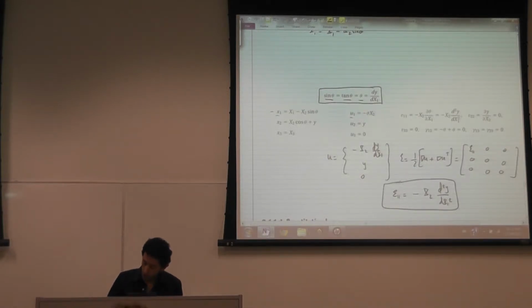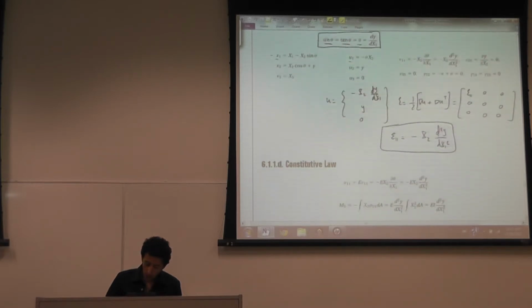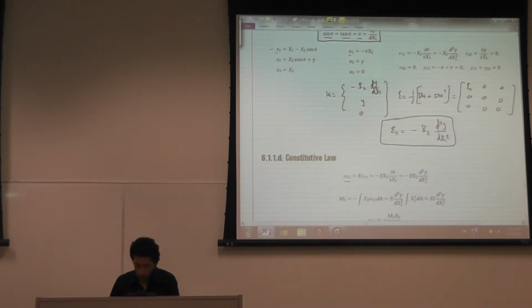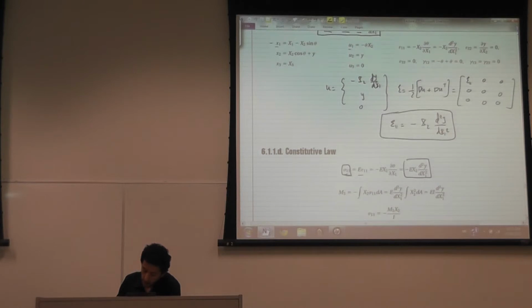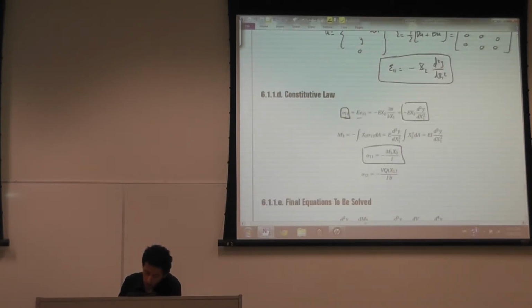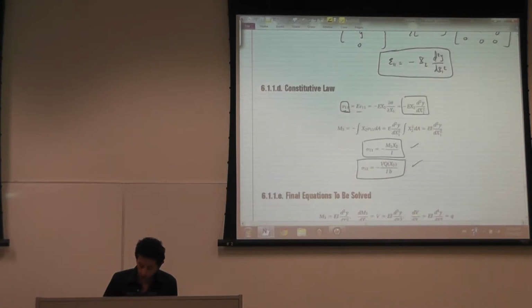So the constitutive law for such a problem, you ignore Poisson's ratio, say sigma 11 is equal to E multiplied by epsilon 11, and you get a relationship between sigma 11 and this, negative E x2 d2y by dx1 squared, a relationship which you are familiar with from beam analysis. Because I'm able to replace sigma 11 with this, and I have a relationship between the shear and sigma 11, I end up with a differential equation.